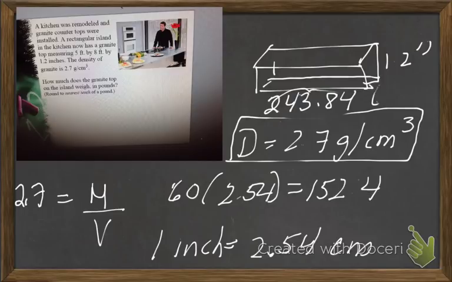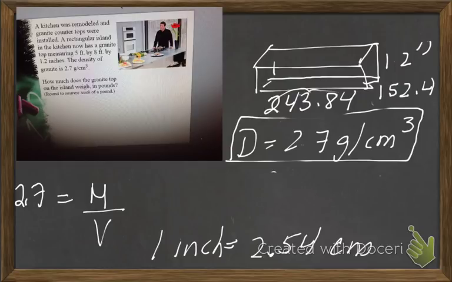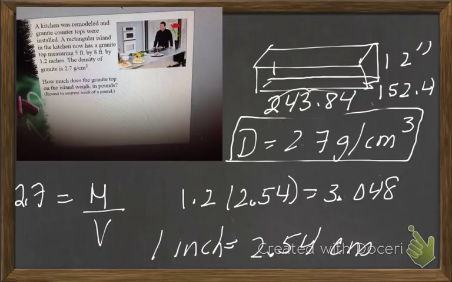So I'm going to change this right here to 152.4. And lastly, we have the 1.2. We're going to multiply that by 2.54. And that will give us 3.048.